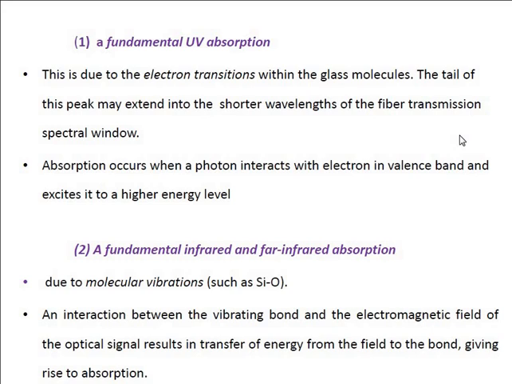In the UV region, the ultraviolet loss is small compared with the other losses in the infrared region. Coming to the IR absorption, it is due to molecular vibrations. UV absorption is due to electronic transition, when a photon interacts with an electron in the valence band and it moves to a higher energy level.